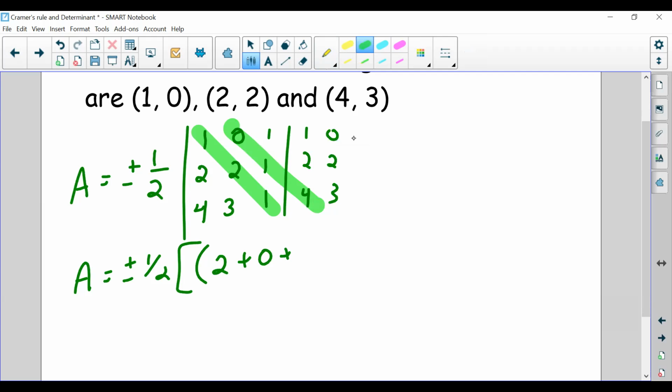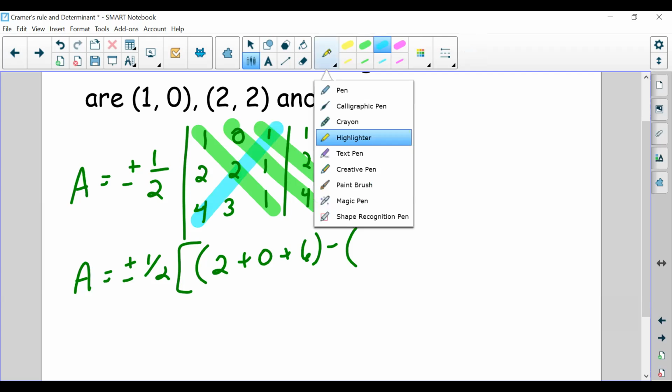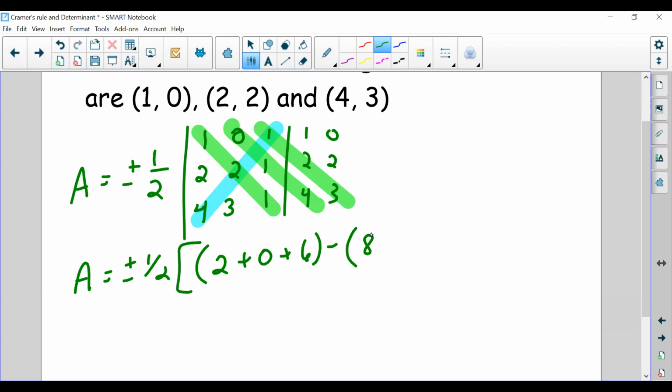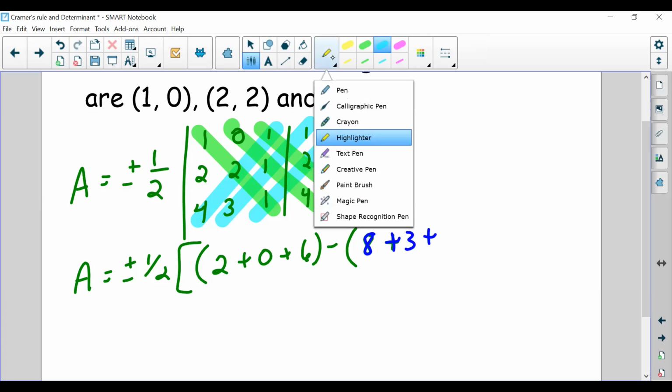And then my next diagonal down, 1 times 2 times 3, which is 6. Minus my diagonals up. That's 4 times 2 times 1, which is 8, plus my next diagonal up, 3 times 1 times 1, which is 3, plus my next diagonal up, 1 times 2 times 0, which is 0.